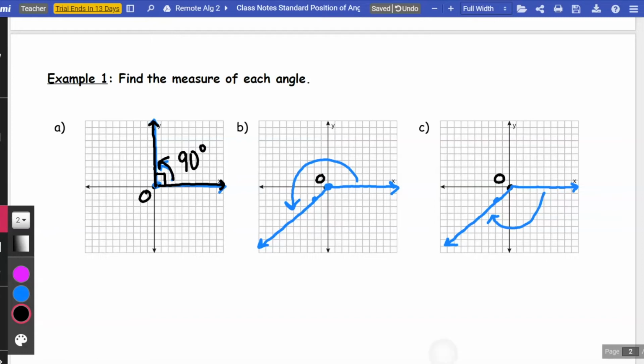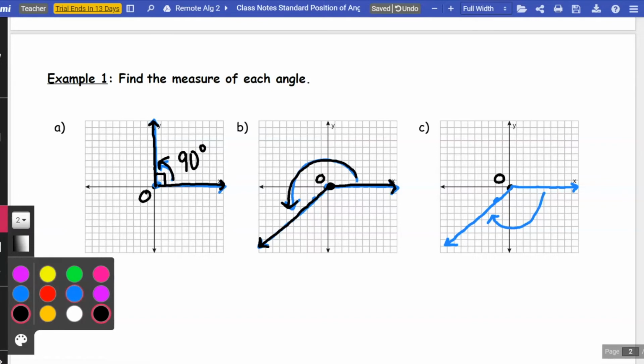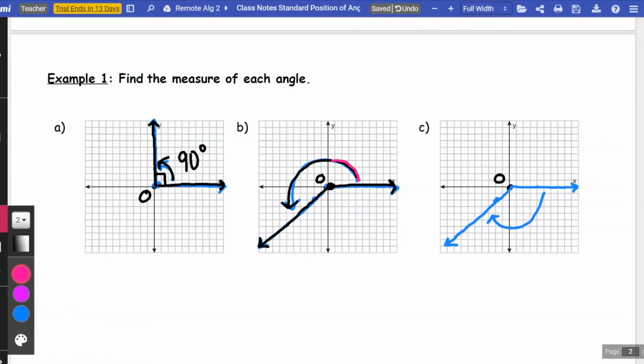So for part B, we have our initial side on our positive x-axis, just like normal. Our terminal side is over here, and it looks like we have a counterclockwise rotation. What I notice is that if we had stopped our rotation here, we would have a 90-degree angle.